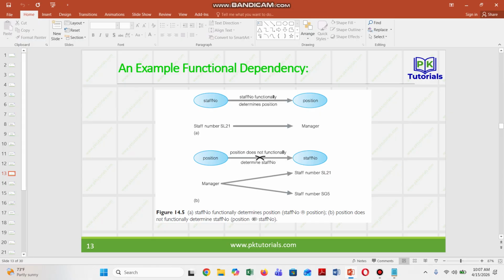But position does not functionally determine staff number, because there are multiple cash officers in one bank, so a position can have multiple staff numbers. However, staff number can determine position, and this is true where the staff can only have one position.